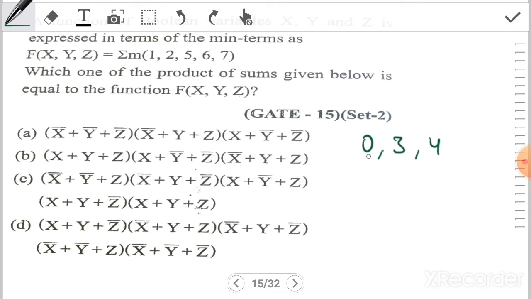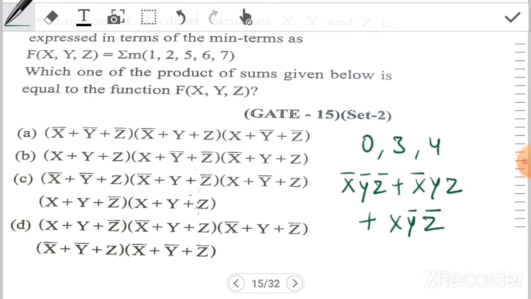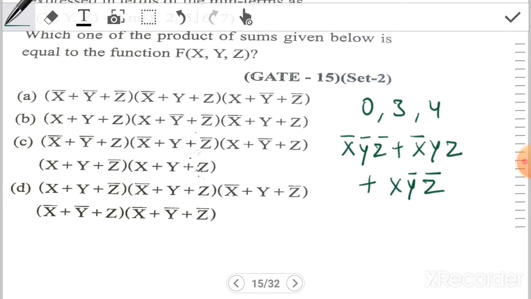So for 0 it is x complement, y complement, z complement, plus 3 will be x, y, z, plus 4 will be. Now take complement.